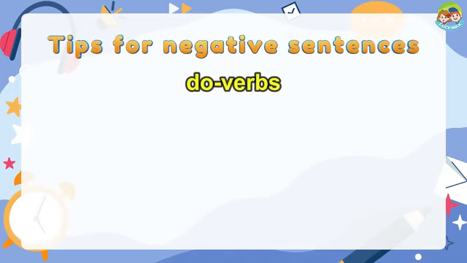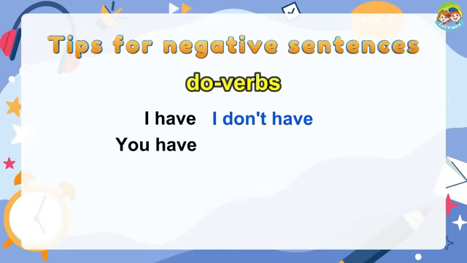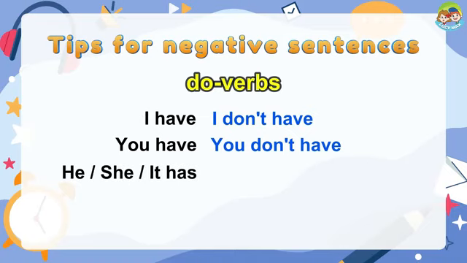Now let's look at do verbs. I have. The negative is I don't have. You have. The negative is you don't have. He, she, it has.